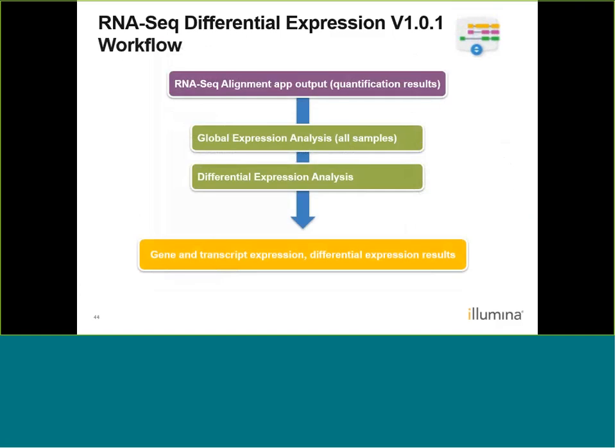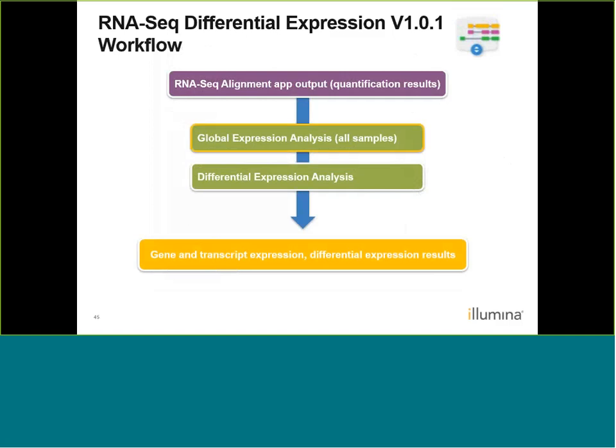On the back end, what's occurring when we launch the app is that the RNA-Seq alignment output, those quantification results, are going to get fed into two pieces of the workflow. When you launch it, global expression analysis is going to be performed no matter what for all samples. And then if you did select differential expression, that analysis will also be performed using DE-Seq version 1.2.